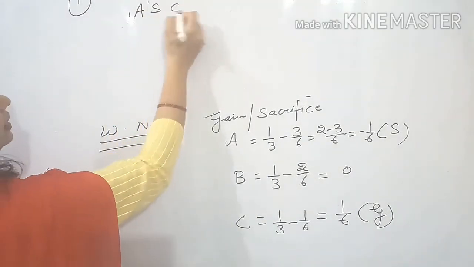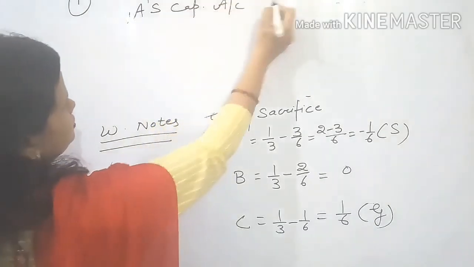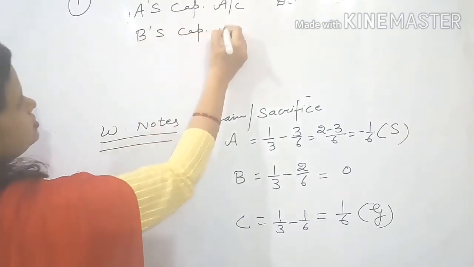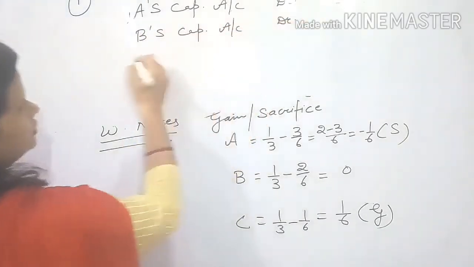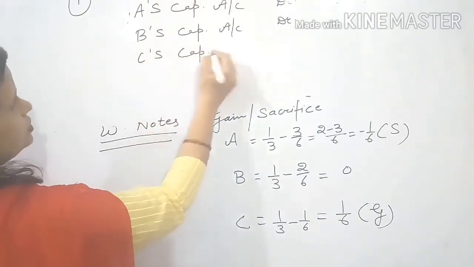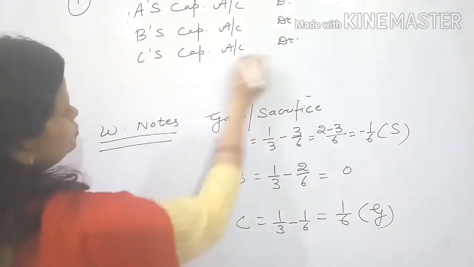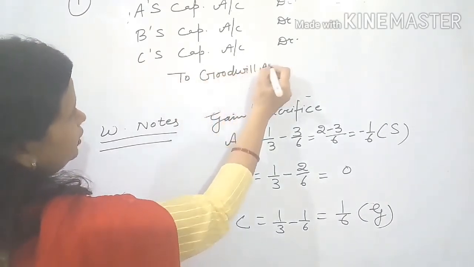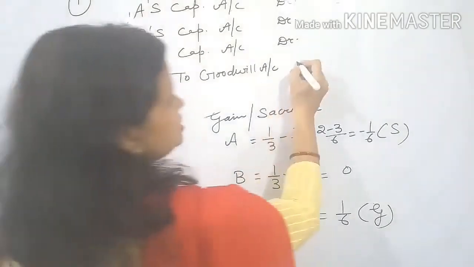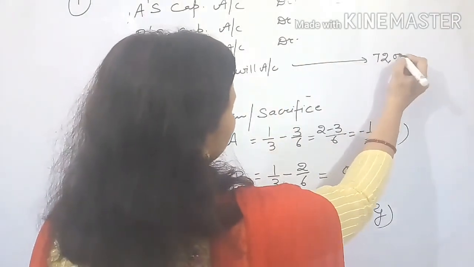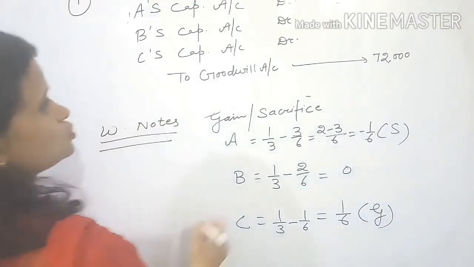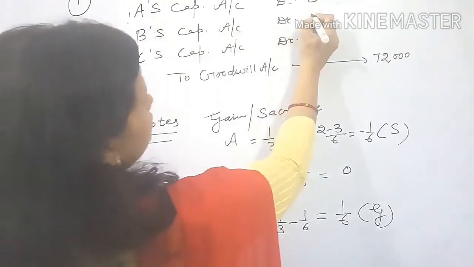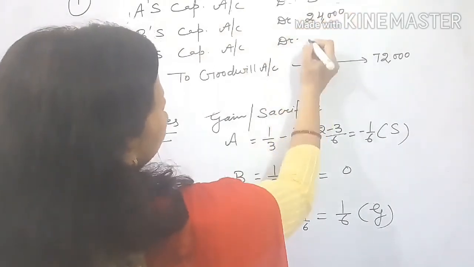A's capital account debit, B's capital account debit, C's capital account debit to goodwill account. At what amount is it appearing? 72,000. So it will be distributed in which ratio? 3:2:1. If you calculate, it will be 36,000, 24,000 and 12,000.